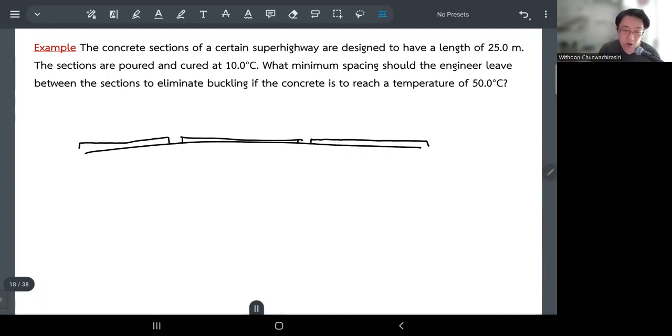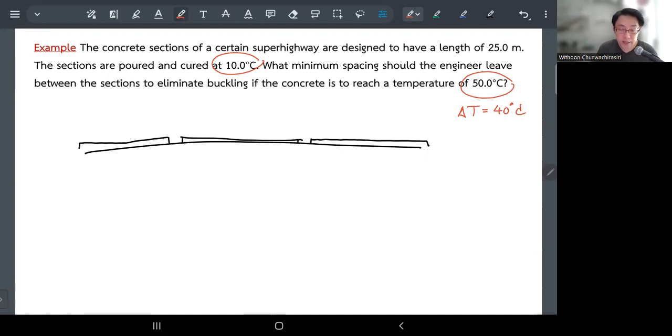But anyway, when you set things up, everything happens at 10 degrees Celsius, and then you assume that things are going to shoot up to 50 degrees Celsius. So you are talking about a temperature change of 40 degrees Celsius.